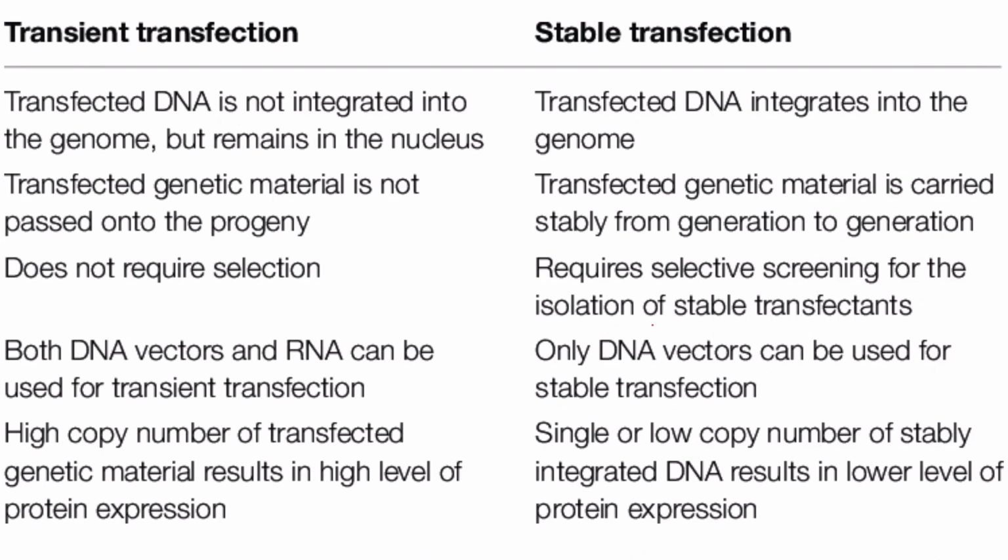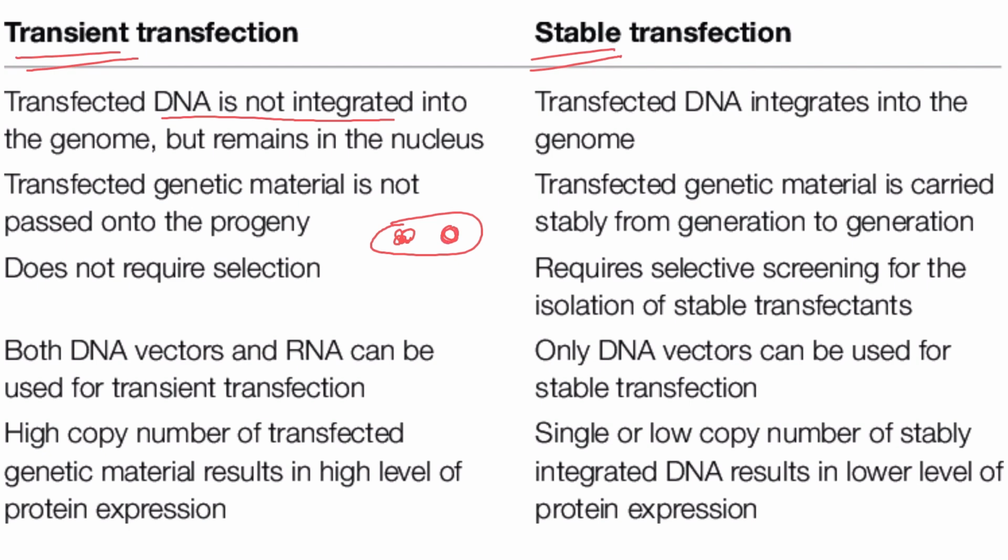Now when we come to transfection methods, they are majorly of two types: transient transfection and stable transfection. Let's look into transient transfection, where the DNA is not integrated into the genome. Maybe this is a bacterial cell and this is the genome of the bacteria, and you introduce a plasmid like this.